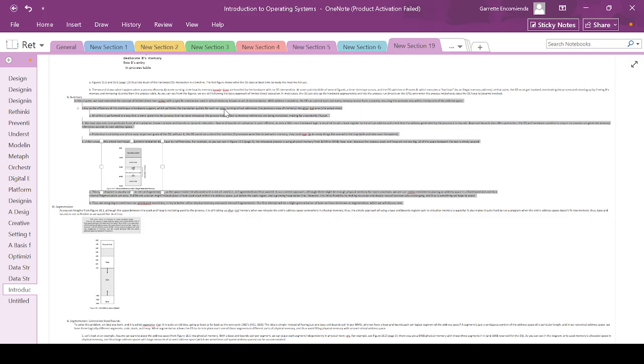All of this is performed in a way that is transparent to the process that has been relocated. So it is transparent because again we're using limited direct execution, where the process is actually talking directly to the hardware.